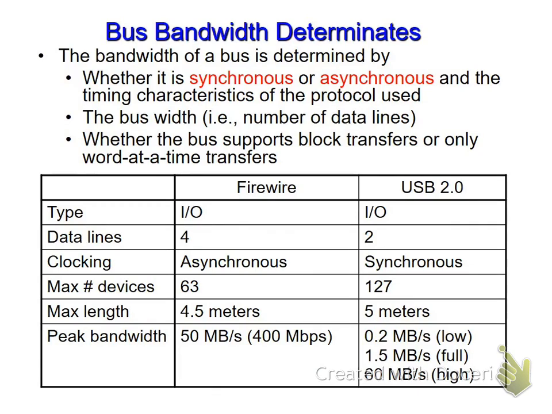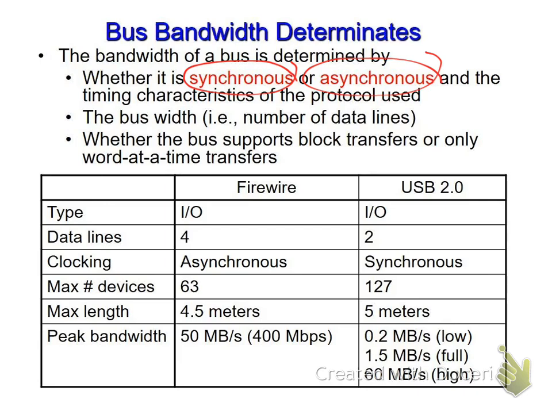Also with the bus types, I might have synchronous or asynchronous. What is the main difference between synchronous and asynchronous? Synchronous is with the clock signal, and asynchronous is without a clock signal.